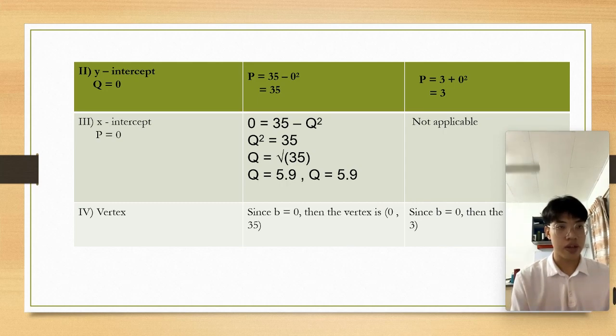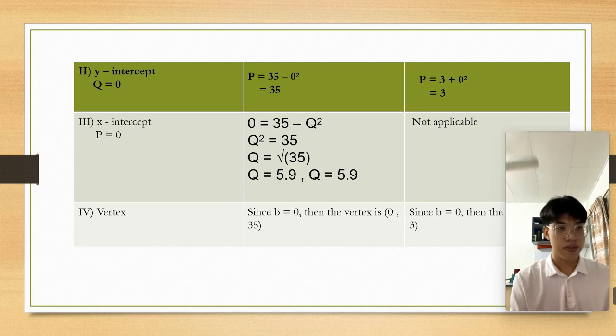For P equals 35 minus Q squared, we replace P with 0, and then we get Q squared equals 35. After that, we take the square root of 35, and then we get the answer 5.9. For P equals 3 plus Q squared, the x-intercept is not applicable.